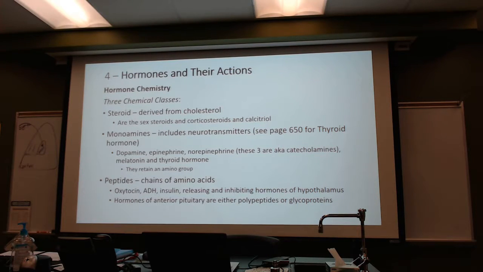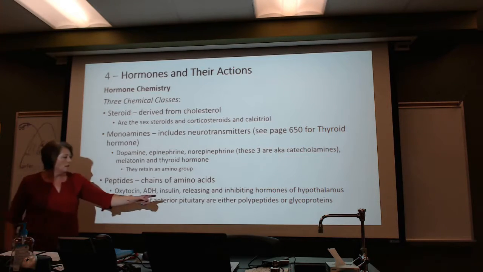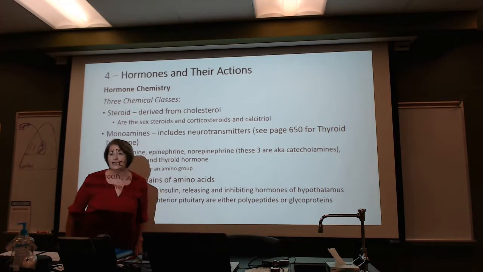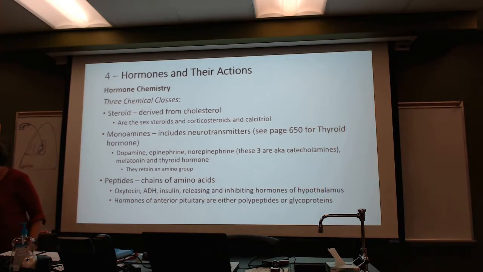Hormones from that anterior can either be a polypeptide. Poly means how many? More than one, two or more. What about a glycoprotein? Sugar-based proteins. Has a sugar chain on protein.